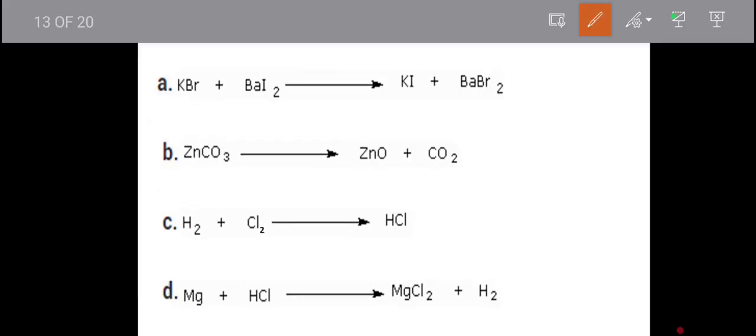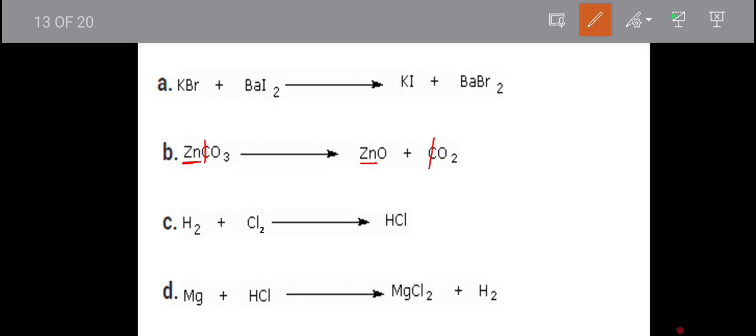Now we will move to the second equation. ZnCO3 gives ZnO plus CO2. Here one zinc is there, here also one zinc is there. So zinc is balanced, right? Now you just see carbon. One carbon here, one more carbon here.